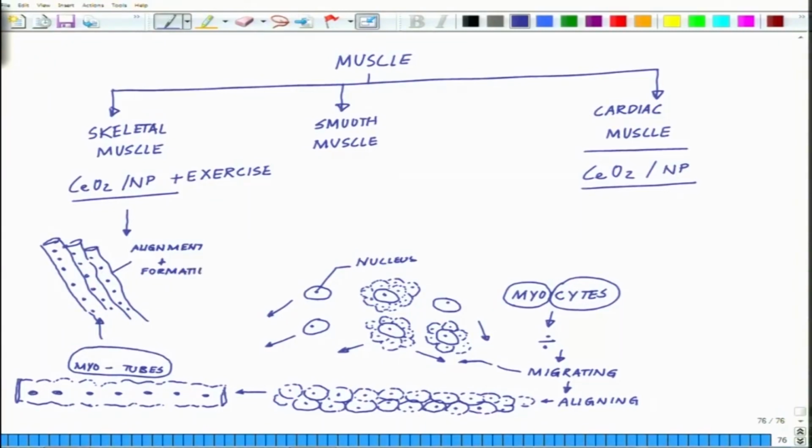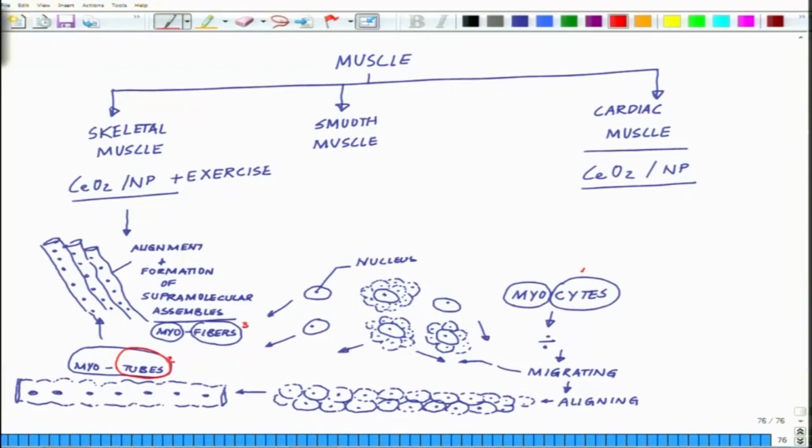These supramolecular assemblies are called myofibers. As you see, the word myo remains common. From the cells out here, it forms tubes, and then it forms fibers.